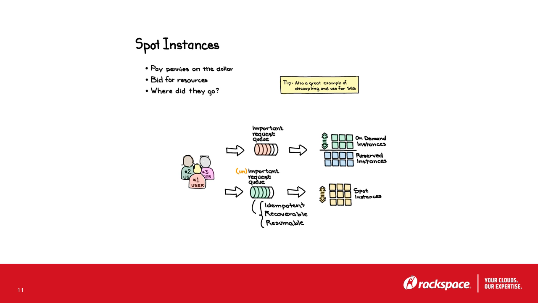In the example I'm showing on this slide, this is a pretty common one where you have a set of users who are using some particular resource and they're submitting requests to your system. In the upper track, those requests are queued up, and you have a back-end system that scales based on the depth of that queue.